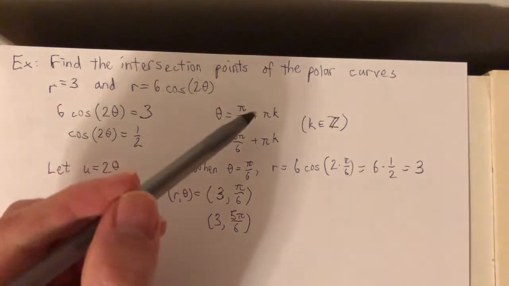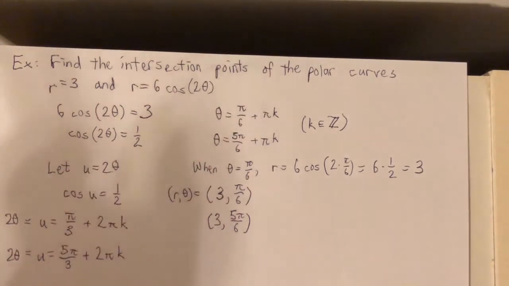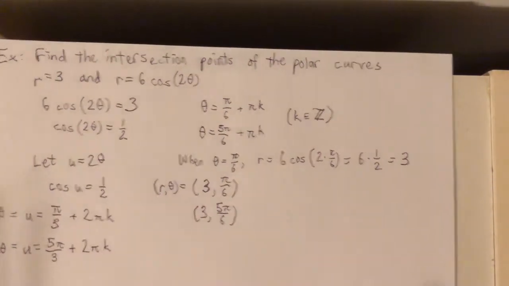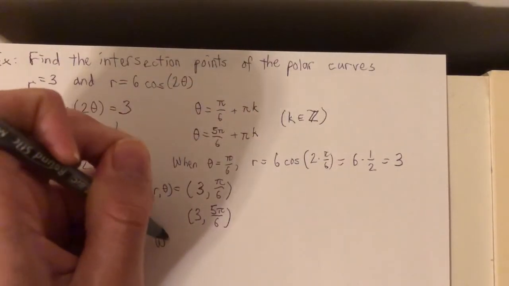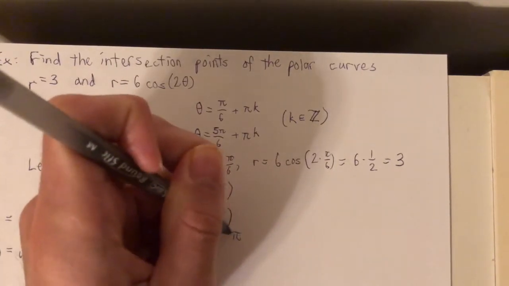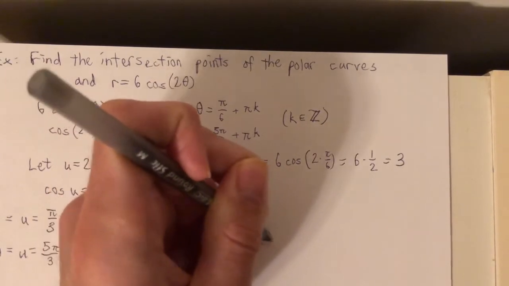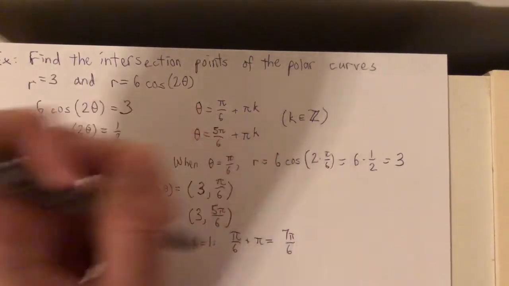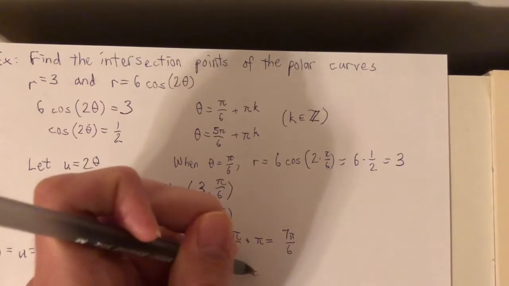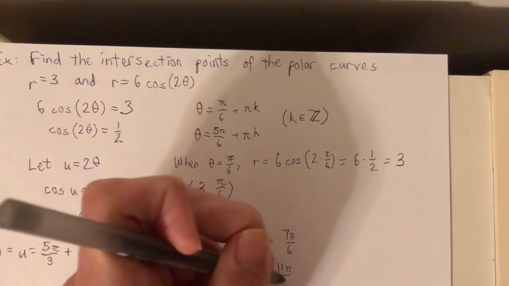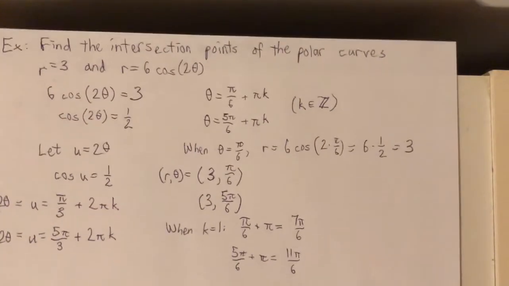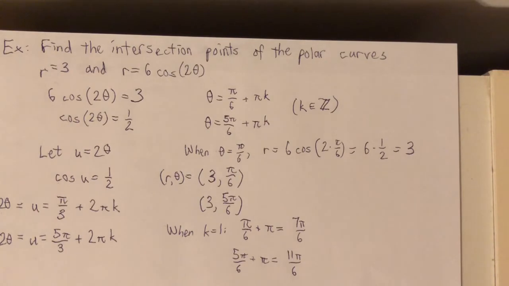Now if we continue, when k equals 1, we get pi over 6 plus pi equals 7 pi over 6. 5 pi over 6 plus pi is going to be 11 pi over 6. Right, because pi is just 6 pi over 6, so get your common denominators and add the fractions.